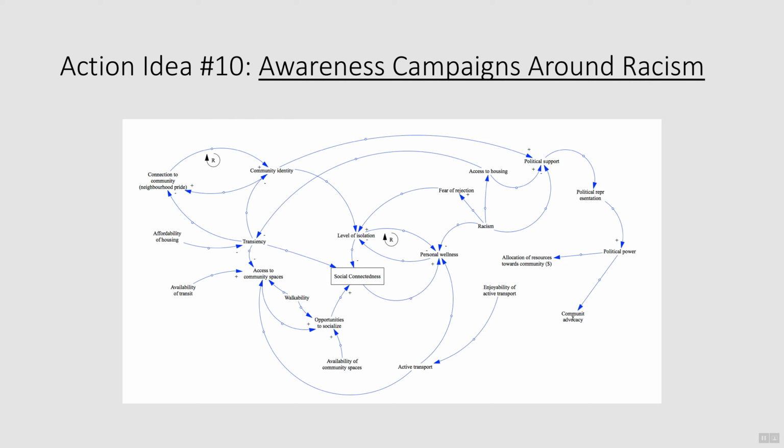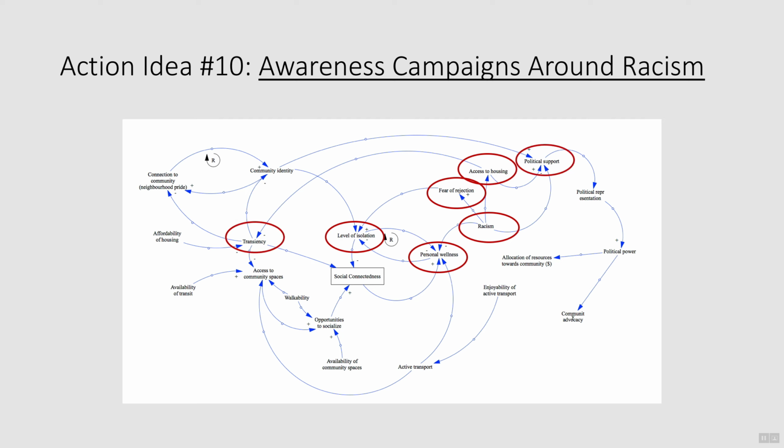Lastly, action item number 10 was to develop awareness campaigns around racism. This action targeted the variable racism. Racism was an important connector variable that affected personal wellness, fear of rejection, which linked to level of isolation, and access to housing, which linked to transiency of the population as well as political support.